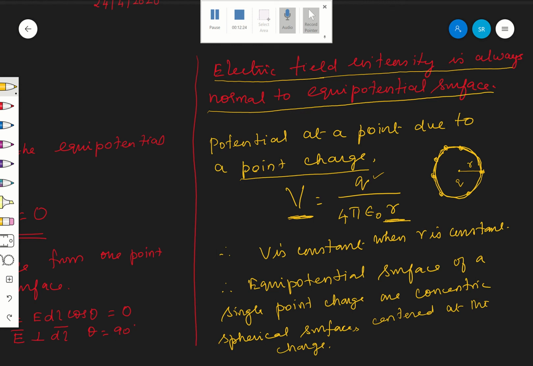Now we are going to draw the equipotential surface for different configurations, starting with a single point charge, as we did. We are going to draw properly the equipotential surfaces for different configurations, so now we will go to that in the next slide.